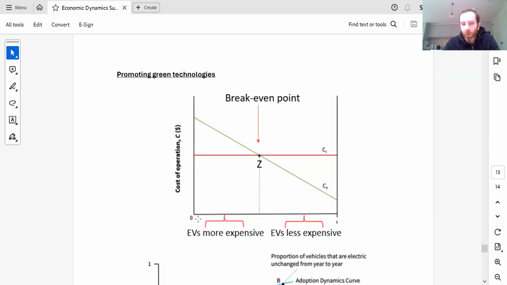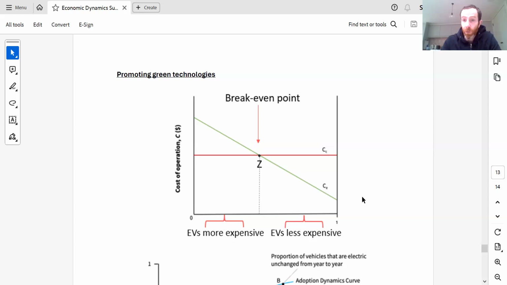So as we go from 0 to 1, this is showing us an increasing proportion of the population who own electric vehicles. Now we see that more people owning electric vehicles has zero impact on the cost of operating a carbon-based car, like a petrol-based car. And okay, that makes sense.